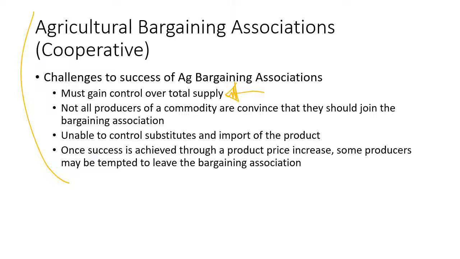The bargaining association is not able to control substitutes or imports of that product. And finally, if success is achieved through a product price increase, some producers may be tempted to leave the bargaining association, take those higher prices, and then eventually, they're back to square one. So you can read more about the bargaining associations on page 167 of your textbook.